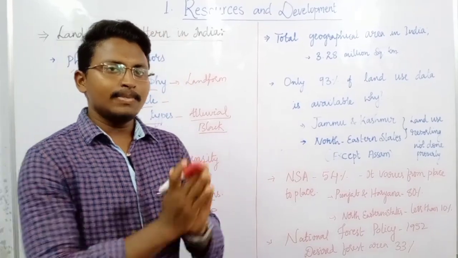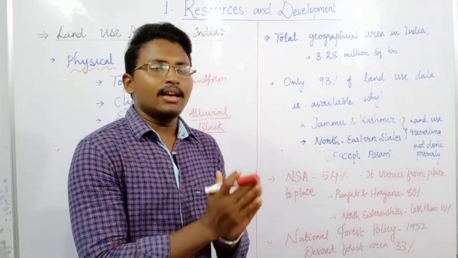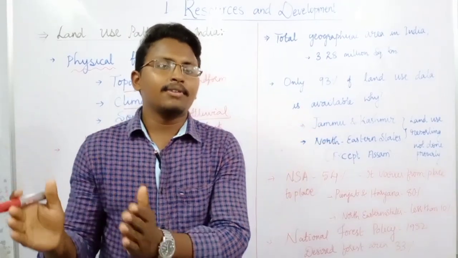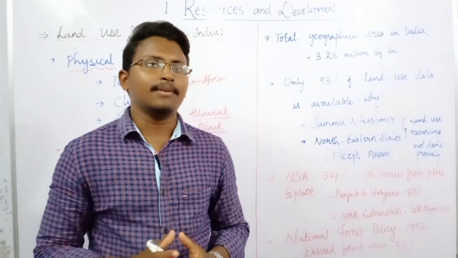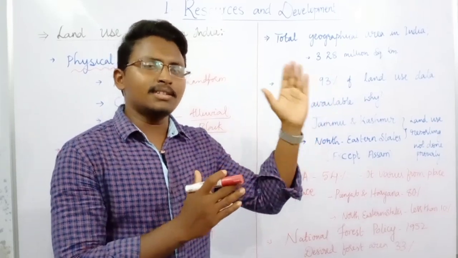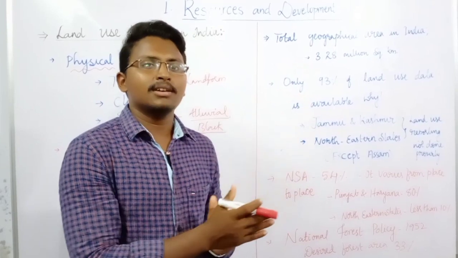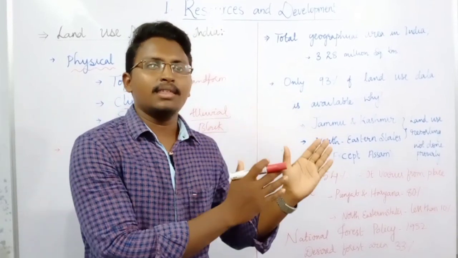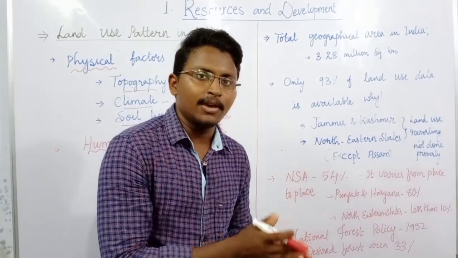In one area highly modernized technology is available, and in another area, for example, no modern tools are there. Then you may guess in which place the land is more utilized. For example, there is a tractor, there is a plow. You can understand where the usage of land will be greater.